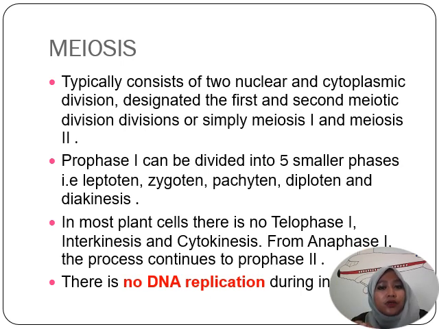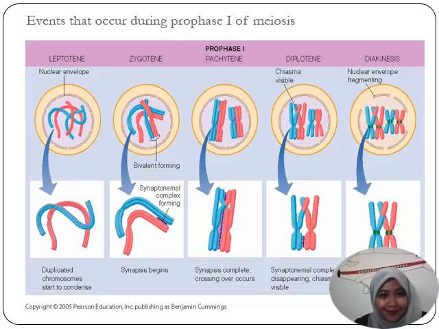Prophase 1 can be divided into five phases: leptotene, zygotene, pachytene, diplotene, and diakinesis. We have to remember that after telophase 1 finishes, there is no DNA replication, and it continues to prophase 2 immediately.